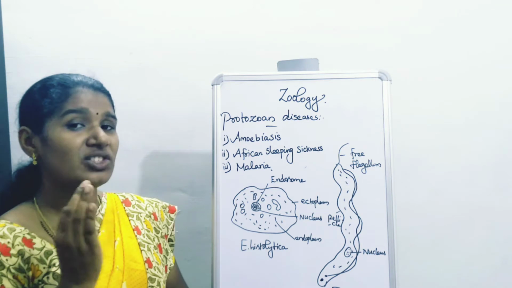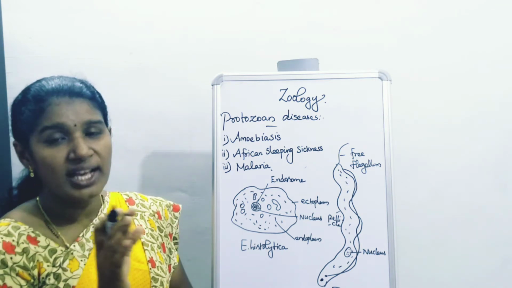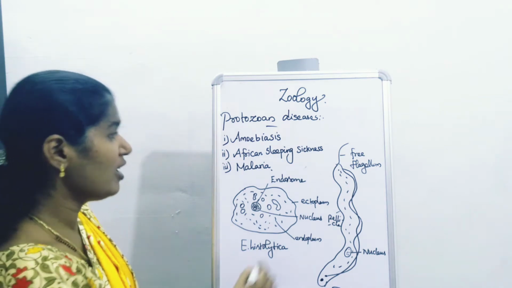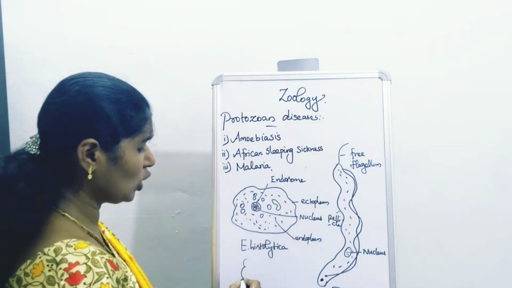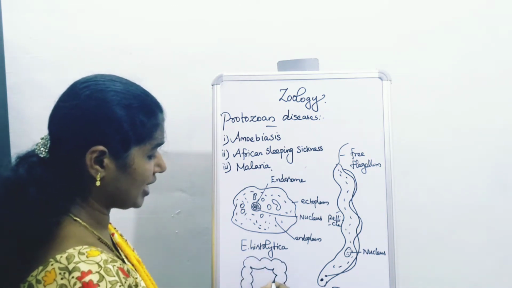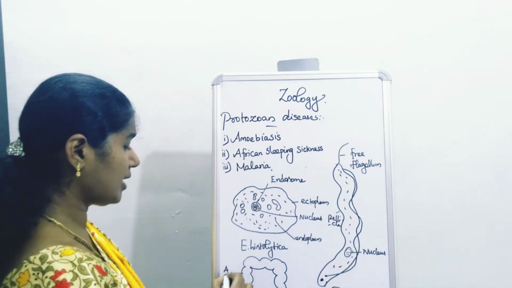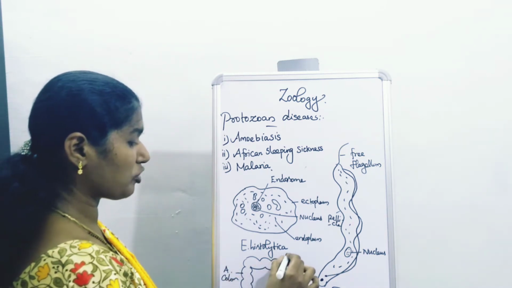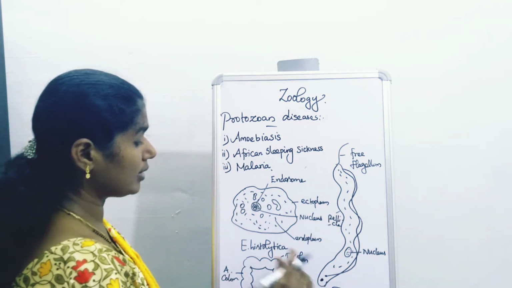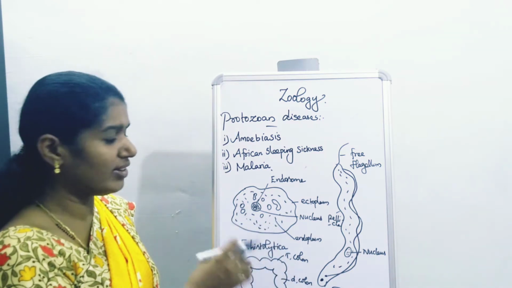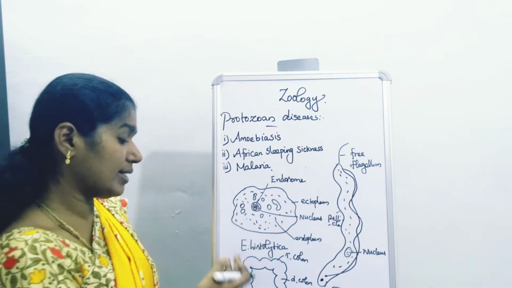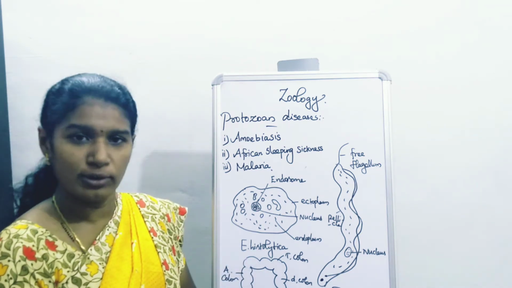Normally we know that the large intestine is divided into three parts: the ascending colon, transverse colon, and descending colon. So Entamoeba histolytica lives in the large intestine, affecting the colon region, that is the ascending, transverse or descending colon.